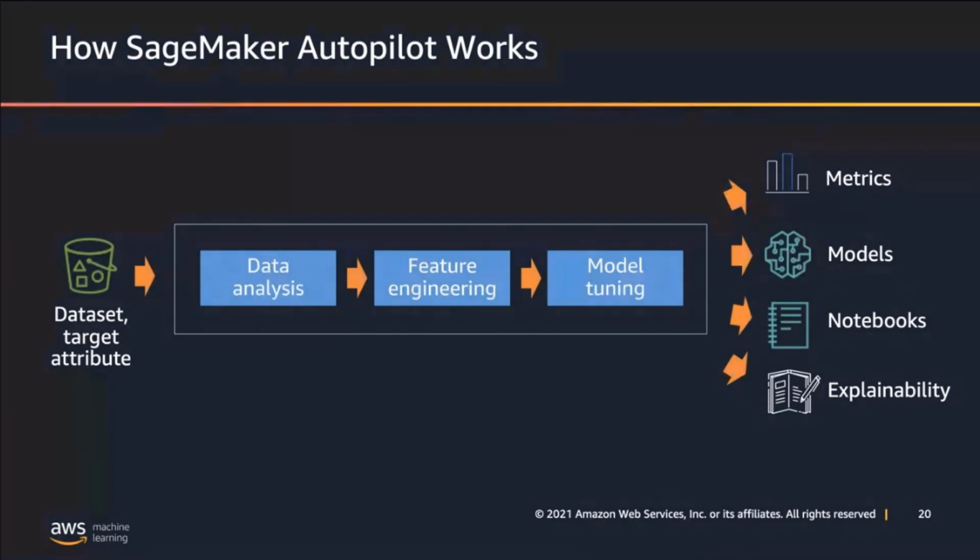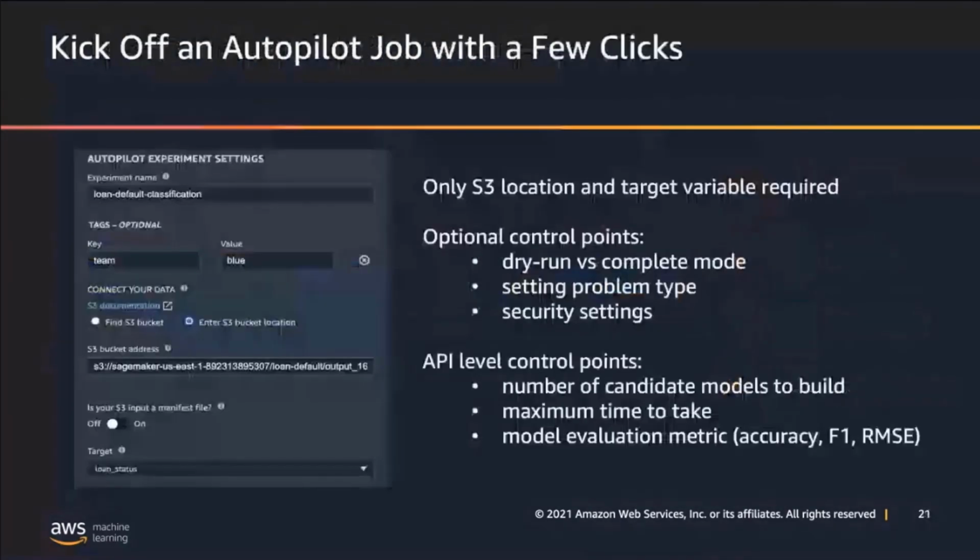As you can see from the screenshot, all Autopilot needs is an experiment name, a dataset, and a target variable. And then it takes care of everything else by itself. Everything else I covered before is taken care of for you.